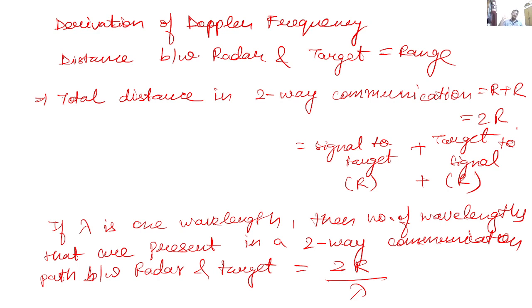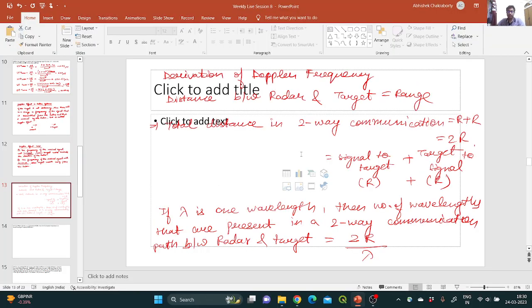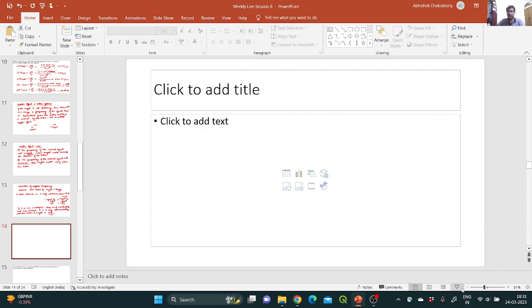I mean the total distance divided by the wavelength for one cycle. So that is how we get the total number of wavelengths. We are dividing a distance unit by a distance unit to get the total number of wavelengths. If there is any doubt, please feel free to interrupt me and ask questions.